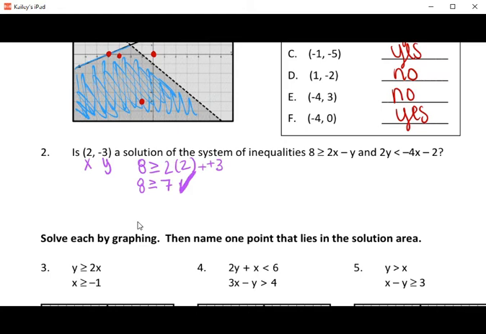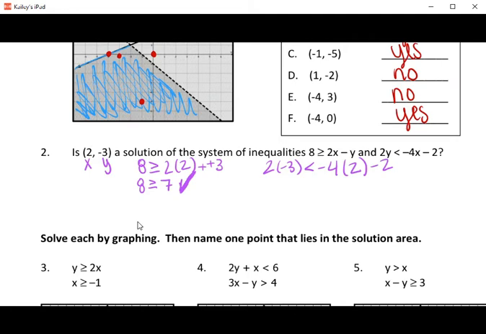However, I need to also make sure that this ordered pair is a solution to the second inequality before I give my final answer. So now we're going to plug it into the second one. 2 times -3 is less than -4 times 2 minus 2.